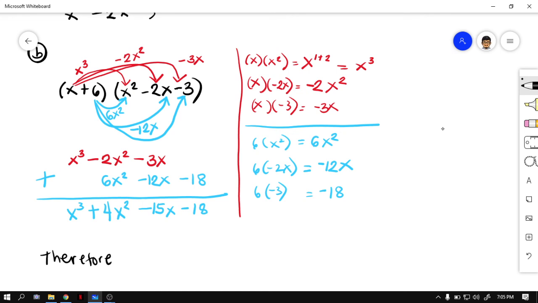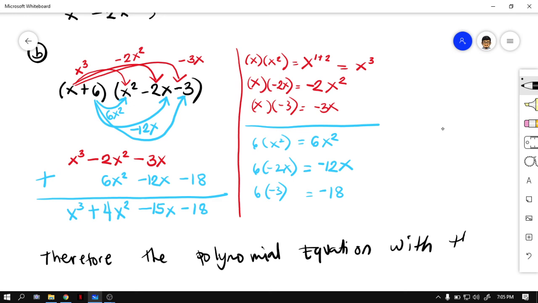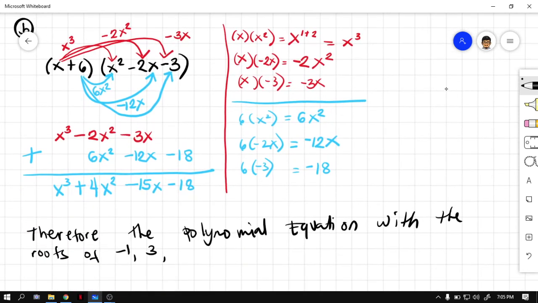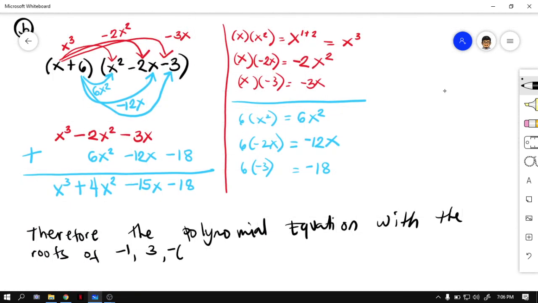Therefore, the polynomial equation with the roots of negative 1, positive 3, and negative 6 is x cubed plus 4x squared minus 15x minus 18, and then you have to equate it to 0 kasi polynomial equation ang kailangan natin.